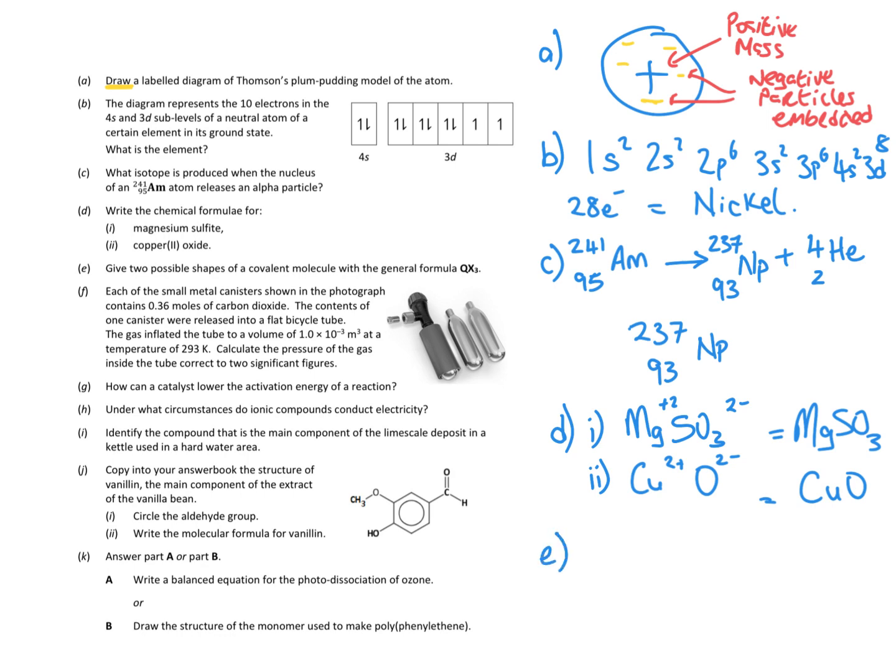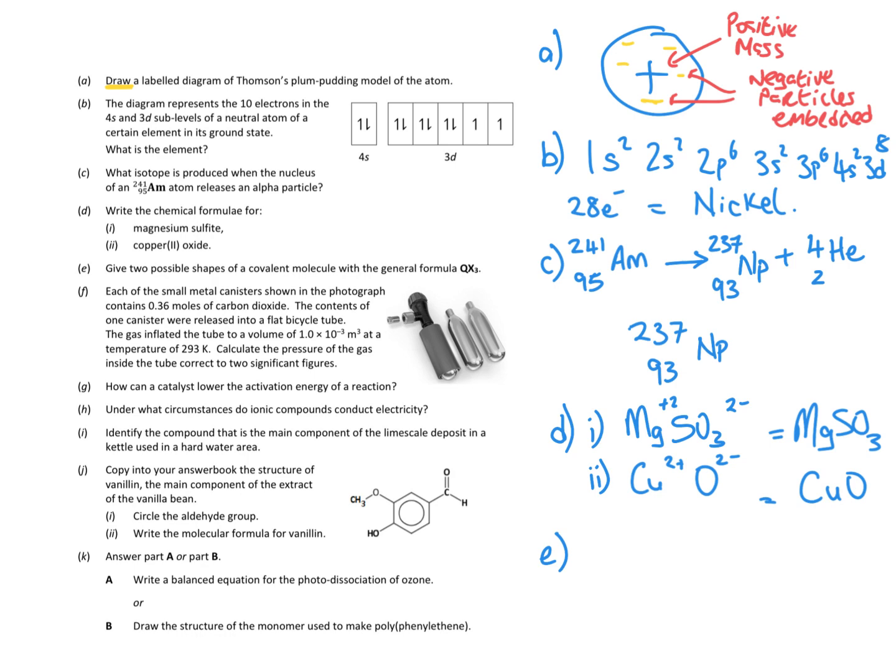Part E then, you're looking at 2 possible shapes of a covalent molecule with the general formula QX3. Here they are looking at geometric shapes in the bonding chapter.